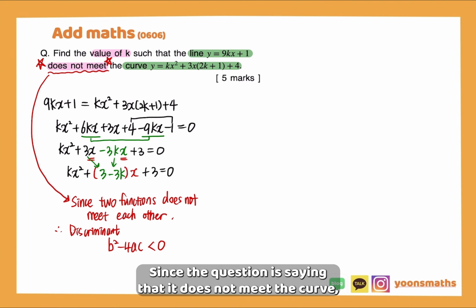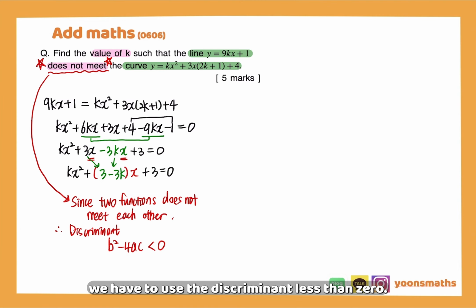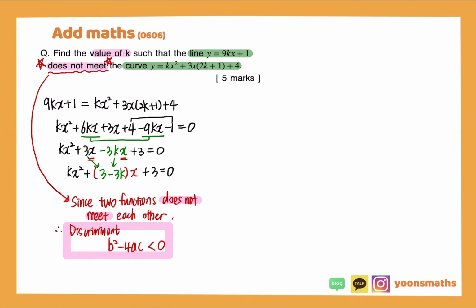Since the question is saying that it does not meet the curve, we have to use the discriminant less than 0. Don't forget that the discriminant, b squared minus 4ac, can only be used when the equation is in the form ax squared plus bx plus c equals 0.